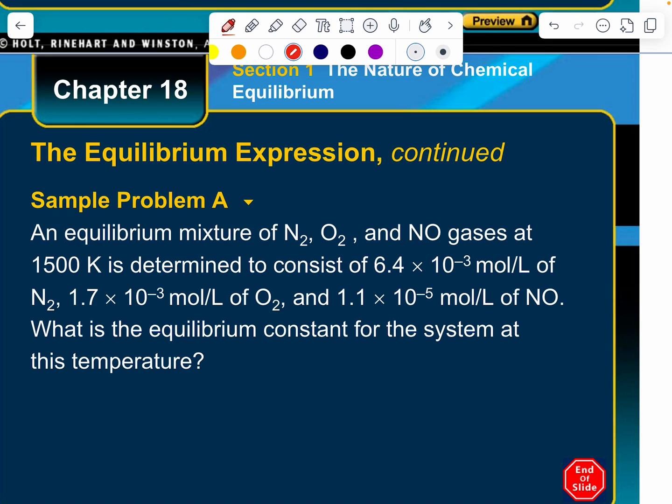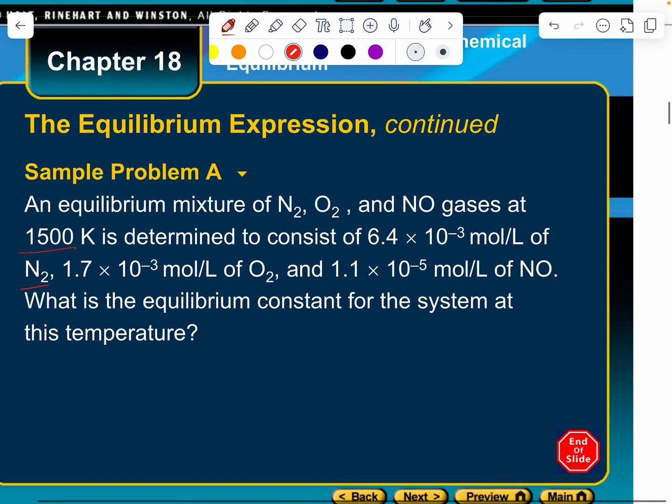An equilibrium mixture of N2, O2 and NO nitrogen monoxide gases at 1500 K is determined to consist of 6.4 times 10 to the power of negative 3 mole of nitrogen.